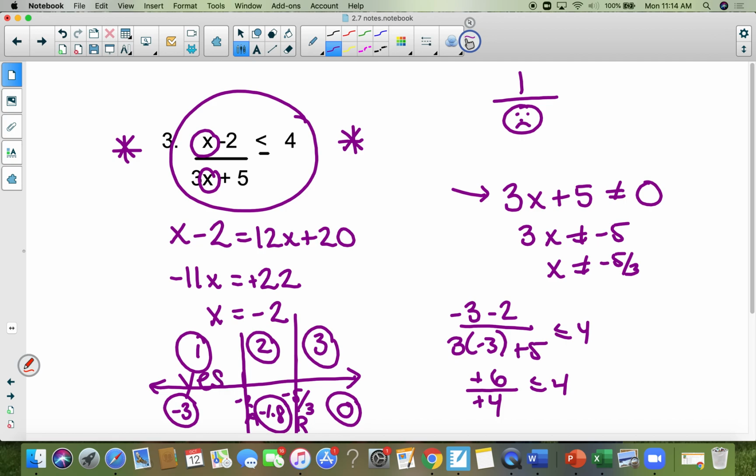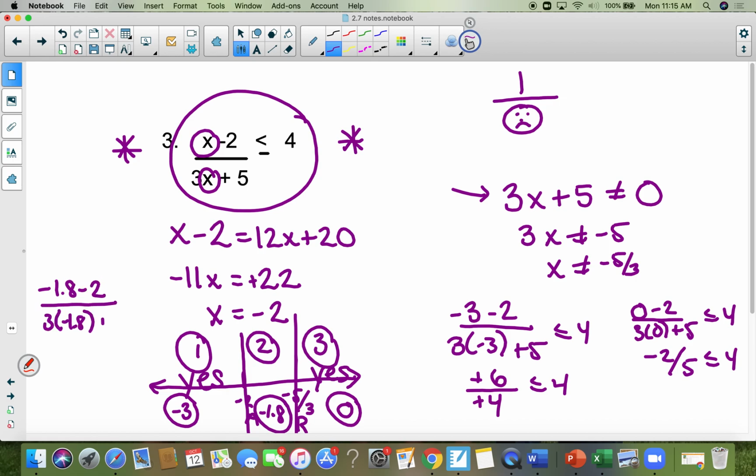Okay, now I'm going to do it again. I'm going to do the 0 next. I'm going to wait and do the decimal later. I'm going to do the 0 minus 2 over 3 times 0 plus 5 is less than or equal to 4. Is a negative 2/5 less than or equal to 4? Yes. Okay, now I'm going to go over here and do the negative 1.8. Is a negative 1.8 minus 2 all over 3 times a negative 1.8 plus 5 less than or equal to 4?